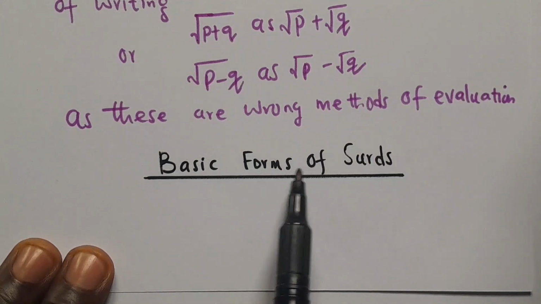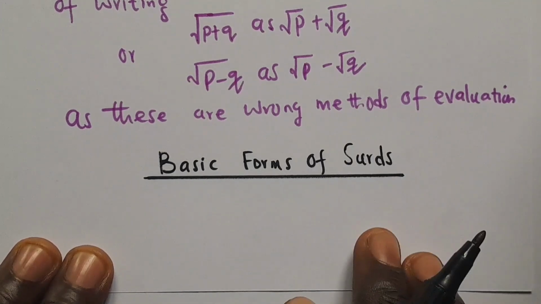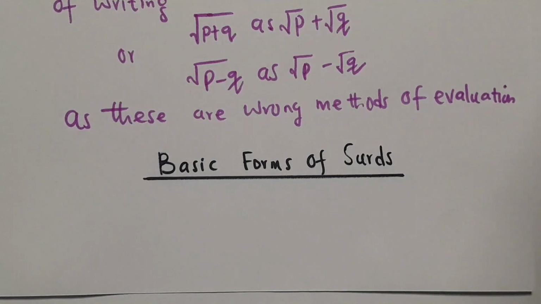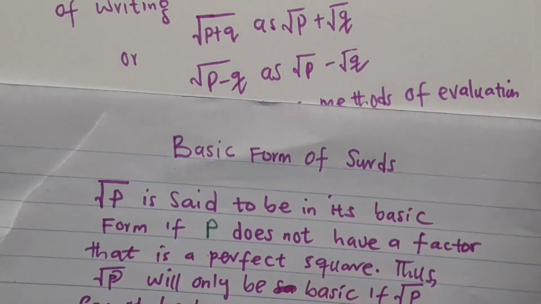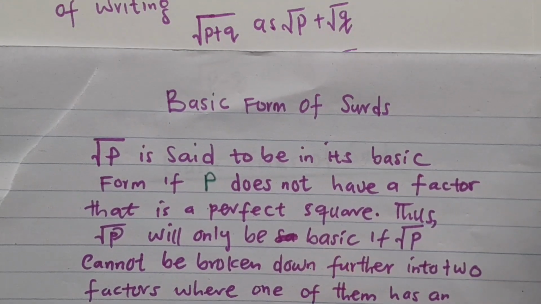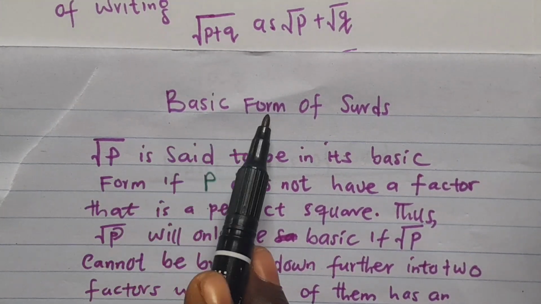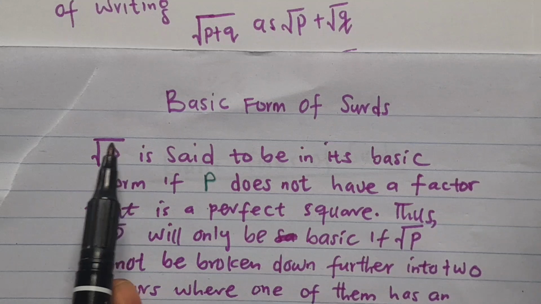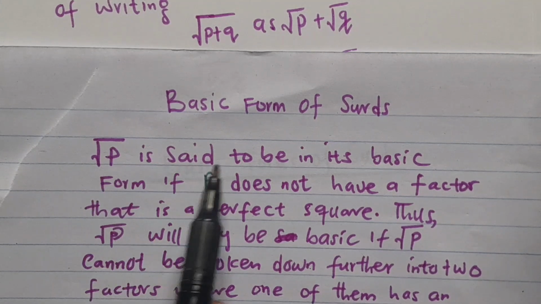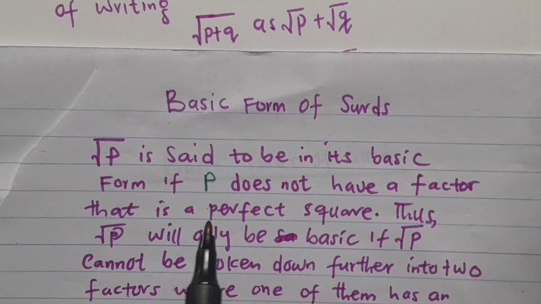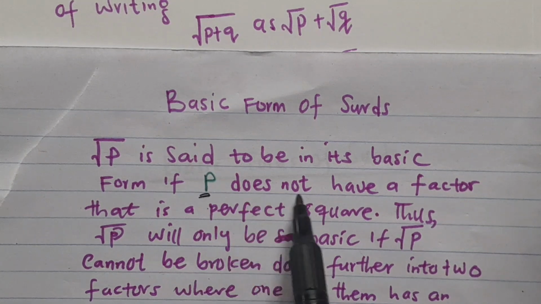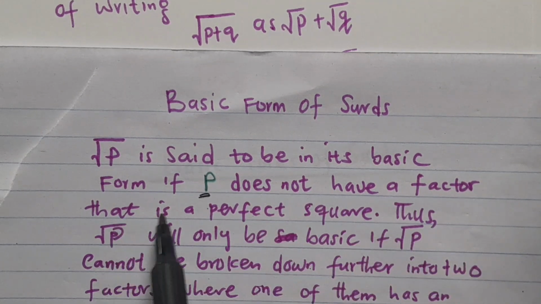So now let's take a look at basic form of surds. So before that, let's take a look at explanation of basic form of surds. p is said to be in its basic form if p does not have a factor that is a perfect square.